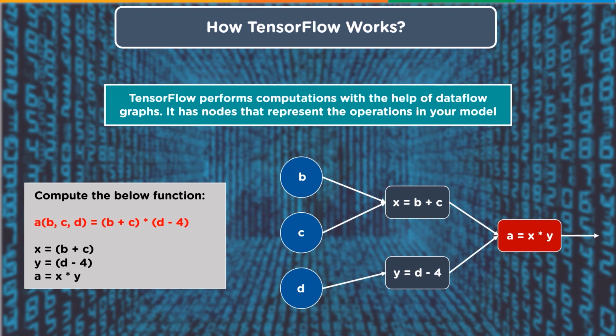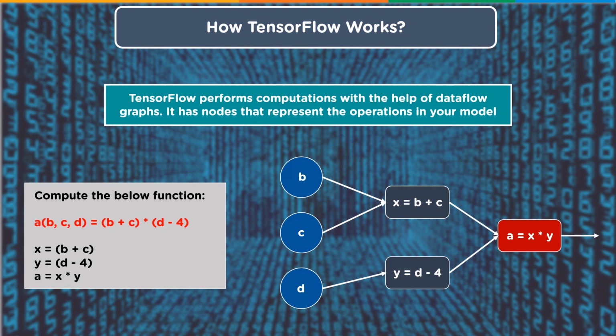It has nodes that represent the operations in your model. If you look at this, you should see a neural network going on here. We have our inputs, B, C, and D, and you might have x equals b plus c, y equals d minus 4, a equals x times y, and then you have an output.